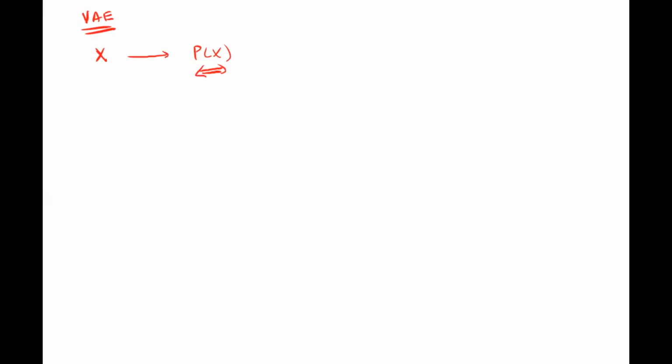So what we do is we create a network that looks similar to an autoencoder but does something very different. We take the original image, and here's the encoder network.